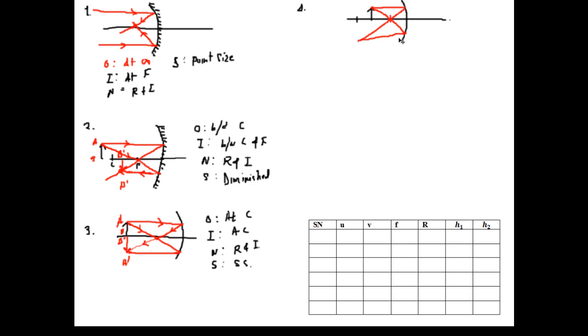So here is my object A, B, A prime, B prime. Okay, so where is the object?